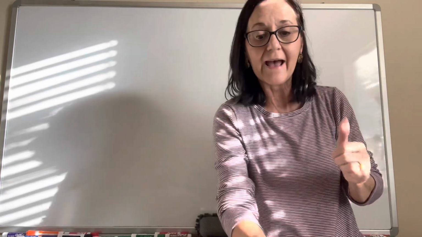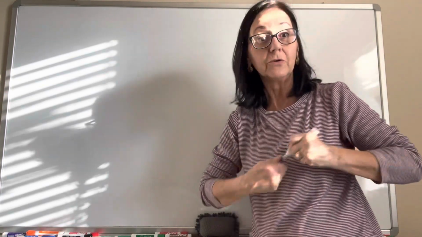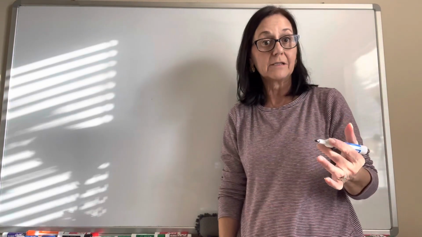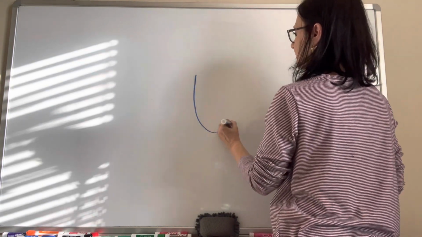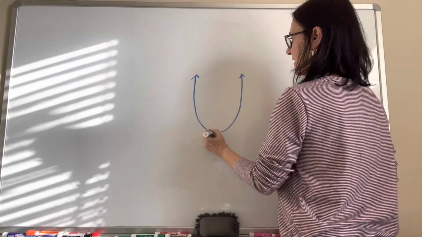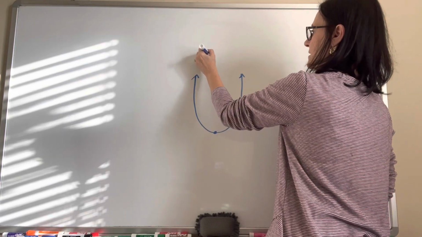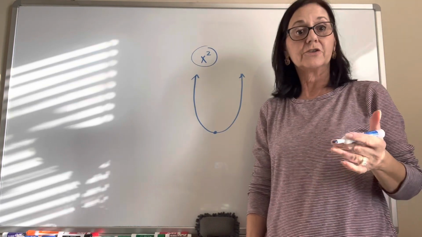We will have line symmetry in Algebra 2 when we get to parabolas. A parabola graphed looks like this. It's a second degree equation. So x is raised to the second degree.